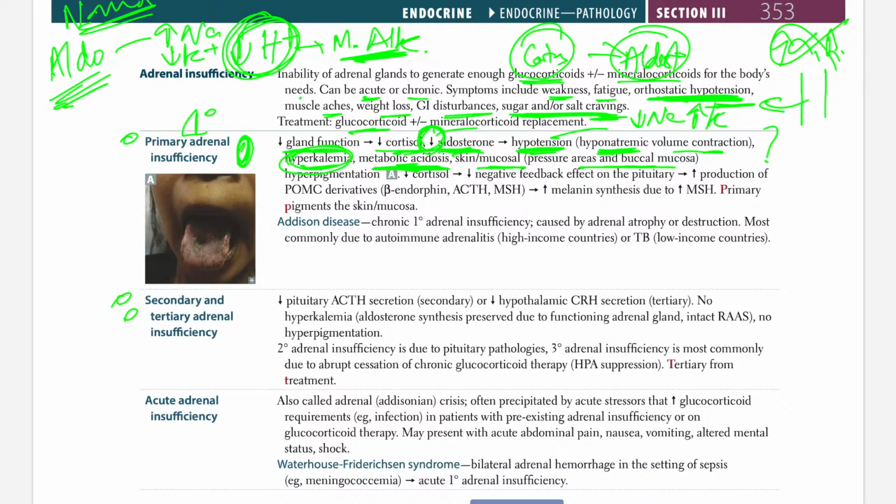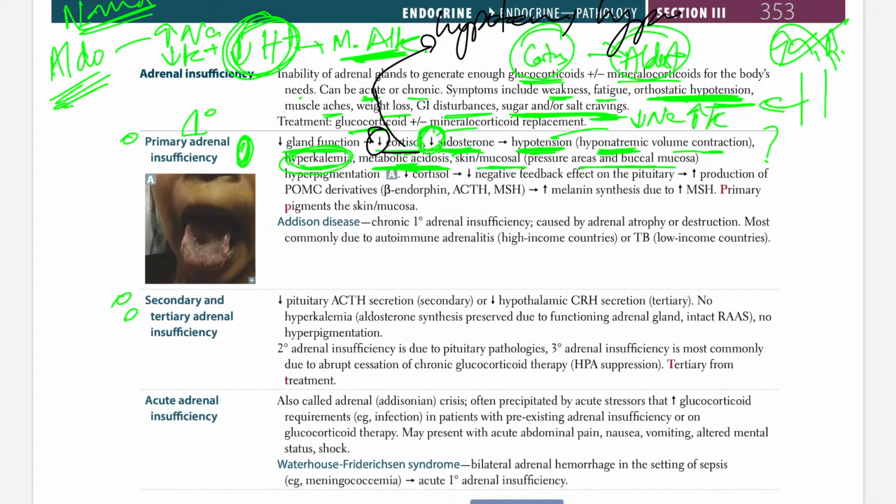Other than that, let's also talk about now the cortisol. Because we have low cortisol here, that's going to show up as decreased cortisol. First of all, you have hypotension. I mentioned that one. Hypotension, hypoglycemia. Because you can recall that it takes glucose and puts it into the bloodstream.